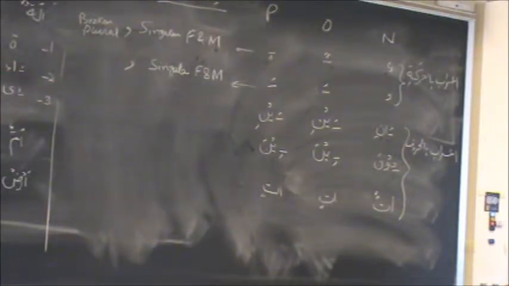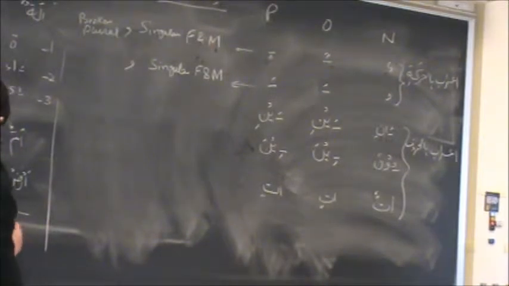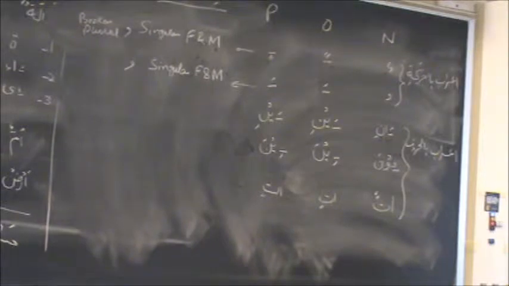For example, masjidun is one masjid, and the plural of masjidun is what? Masajid. Now is it masajidun or is it masajidu? Yeah. So this is masajidu. Okay.